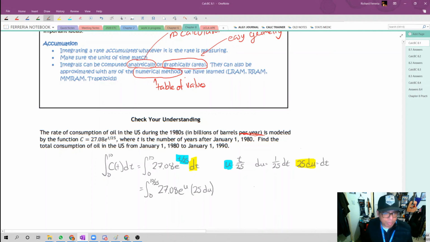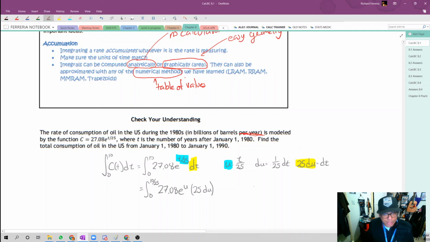I'm going to take this opportunity to also convert the upper and lower bounds into terms of u. So if t is equal to 0, then u is going to be equal to 0 over 25, which is 0. And if t is 10, u is going to be 10 over 25. I'm not even going to bother reducing that.